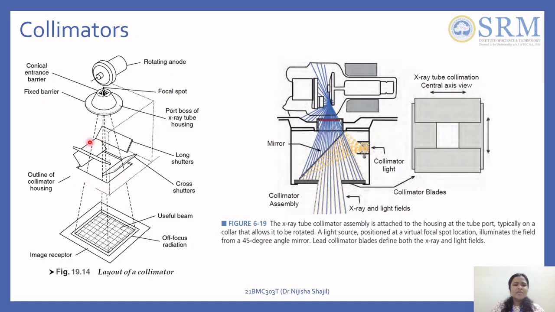These collimator devices are all made of lead, so they block the X-rays. They are in the form of shutters. Whenever you want to decrease the area, you bring the shutters close. Whenever you want to increase it, you open them. This is how they are arranged.